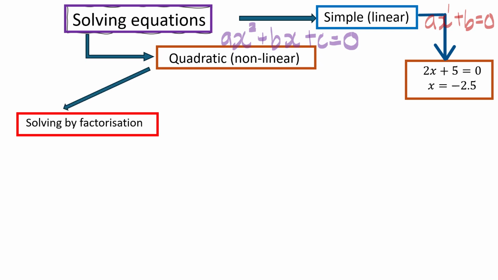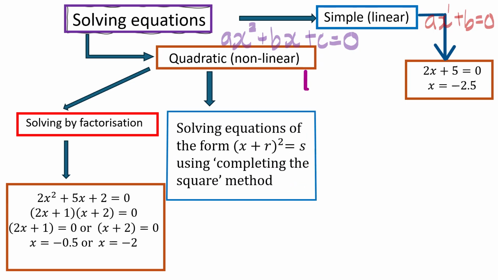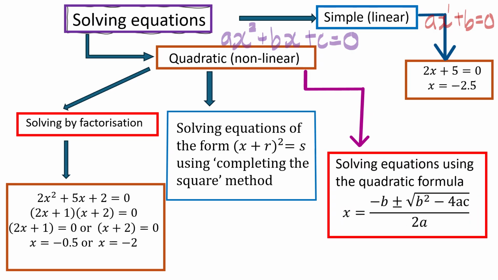One way is to factorize it using the box method. A second way is completing the square. And of course, we can use the quadratic formula to solve the quadratic equation.